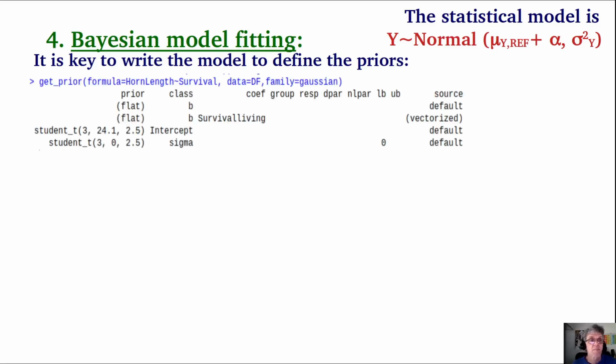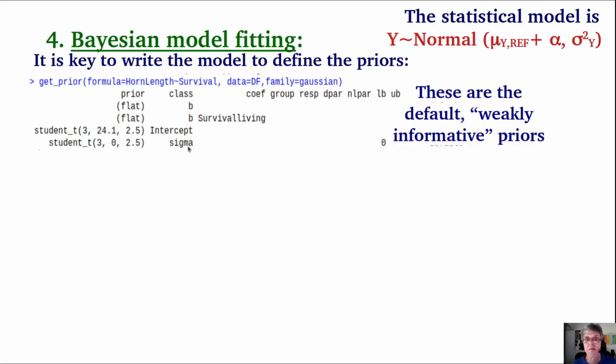So we use the getPrior command of the library brms that shows the intercept, which corresponds to the mean of the response variable for the reference group, b survival living, which is the differential of the means between the reference group and the other group, living, defined for the categorical explanatory variable survival, and sigma, which is the standard deviation, not the variance, of the response variable.